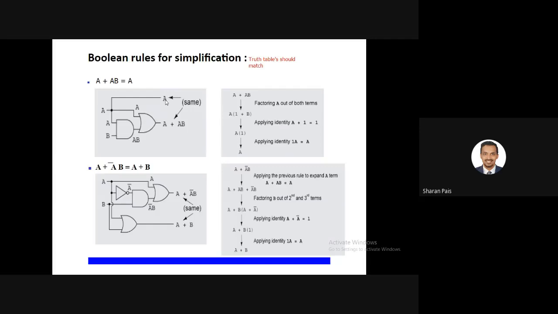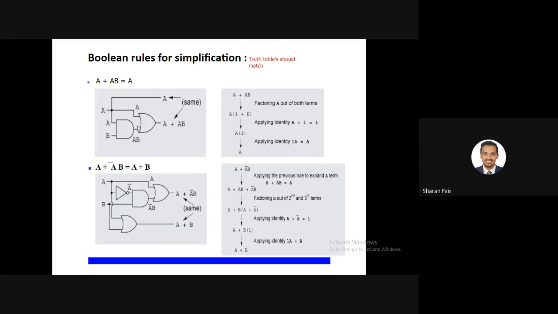Just the A input is enough. The answer of A plus AB is same like A. So this is the simplification kind of things. Actually, we don't want to do this. Just consider the A signal, A input, that is enough, because the result of A plus AB is same like A. So this is how we are simplifying the circuits.